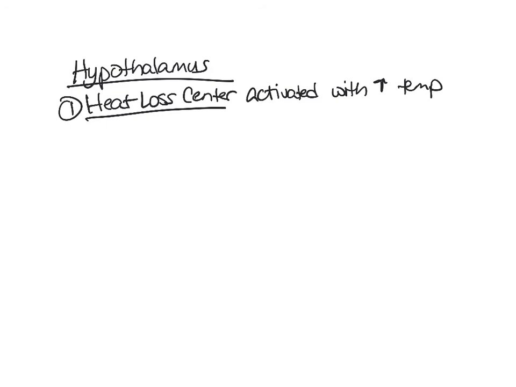So the temperature has to rise above a set point. You have a set point. 98.6 is your normal body temperature. There's a little bit of a range in there. And if your body temperature rises above that set point, then the heat loss center is going to become activated. This will cause peripheral vasodilation, so more blood will move to your skin.